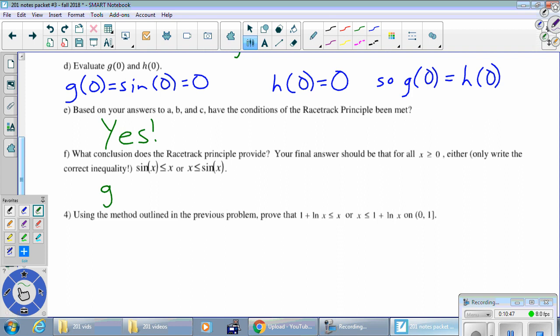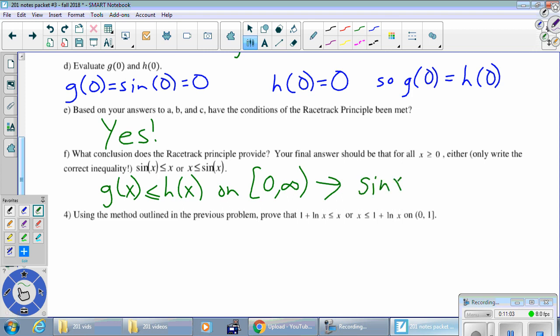The conclusion is that g of x is less than or equal to h of x for all x on 0 to infinity, which in this case, just rewriting g of x as sine of x, is less than or equal to, and then h of x was really just x. And this is exactly our conclusion.